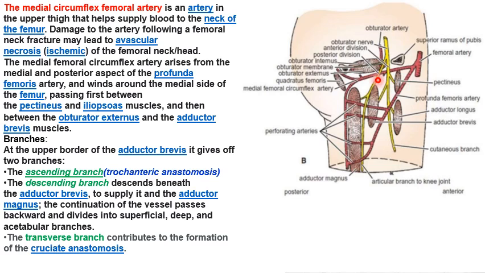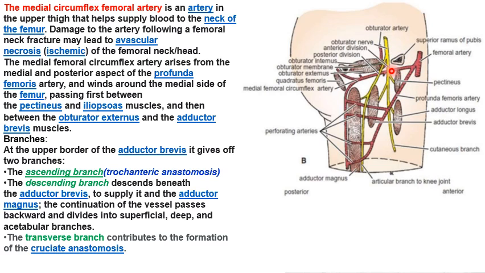So this medial circumflex femoral artery arises medial to the profunda femoris artery in the posterior aspect, and then it winds round the medial side of the femur and posterior to the neck of the femur. It passes first between the iliopsoas and the pectineus.